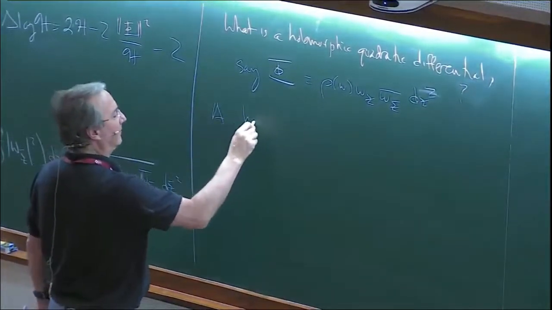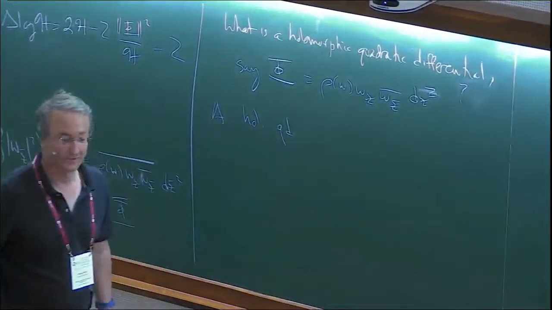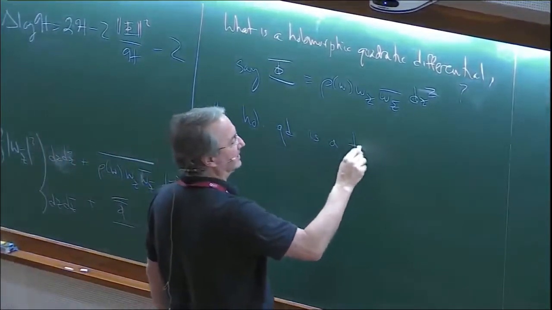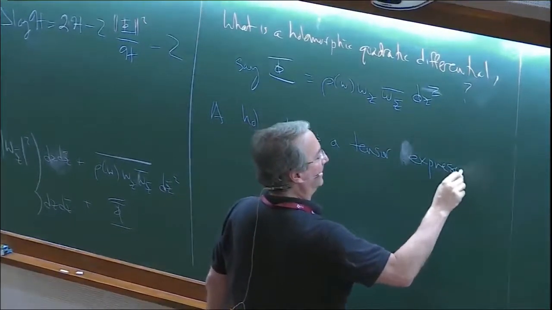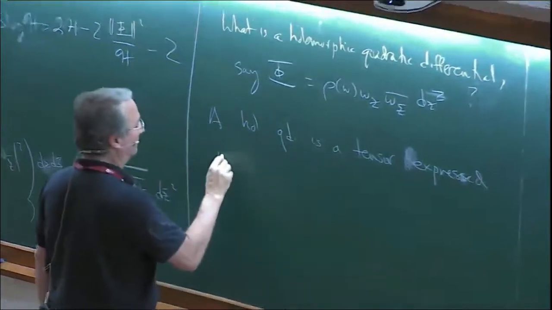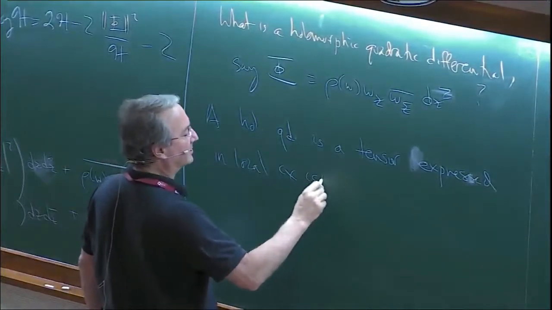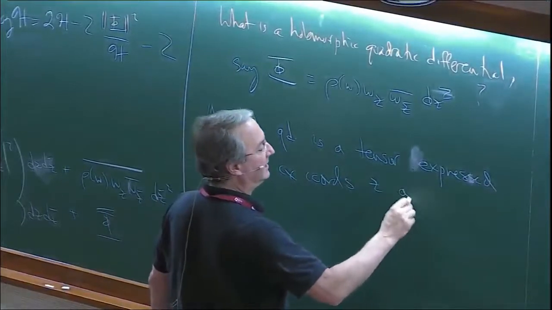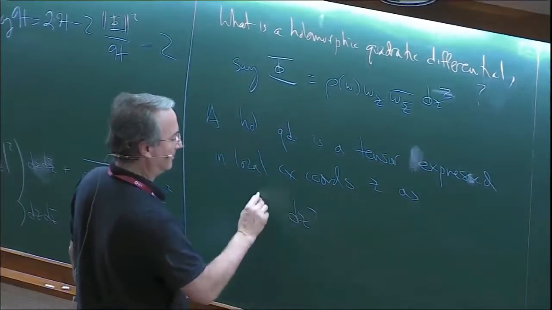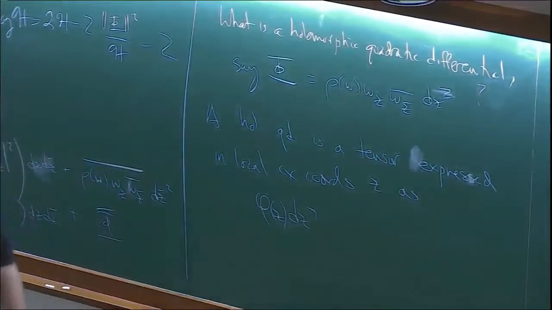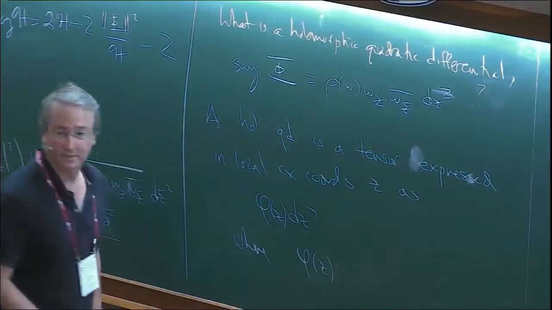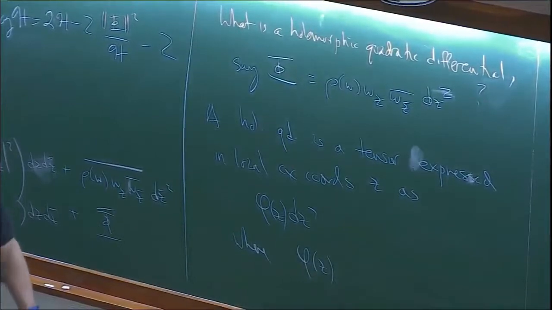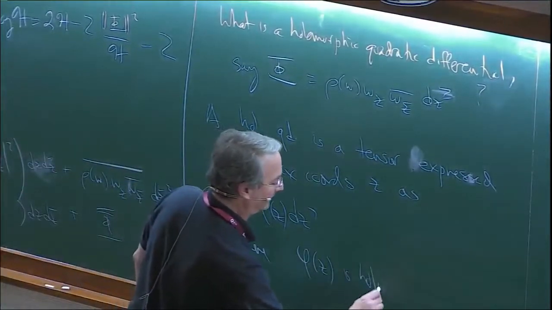Well, a holomorphic quadratic differential is a tensor expressed in local complex coordinates z as some function phi of z dz squared. And holomorphic means that the stuff out front, the phi of z, that function, is holomorphic.